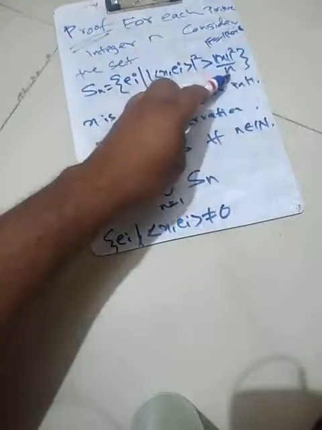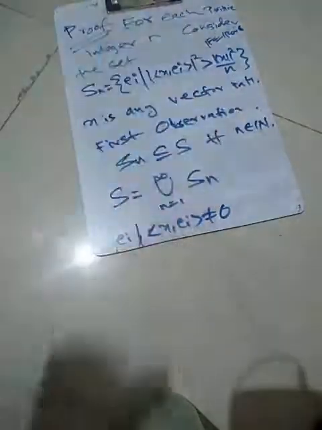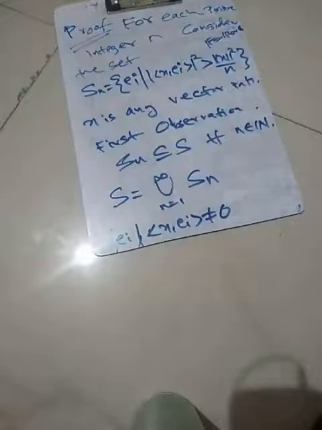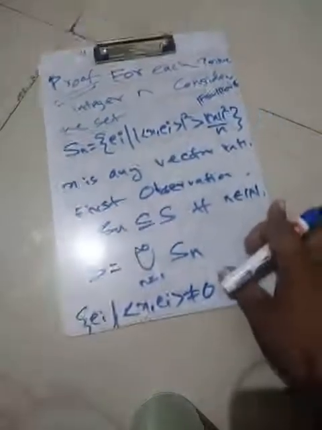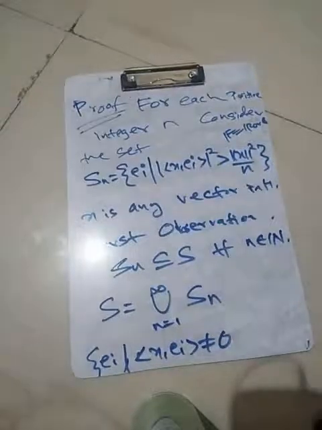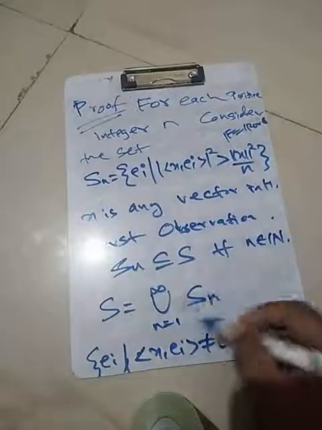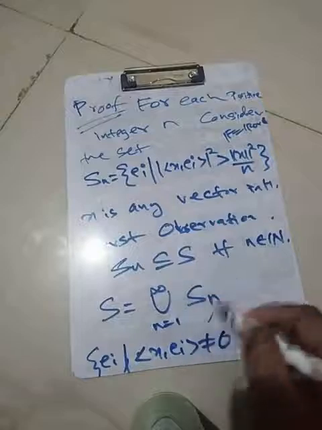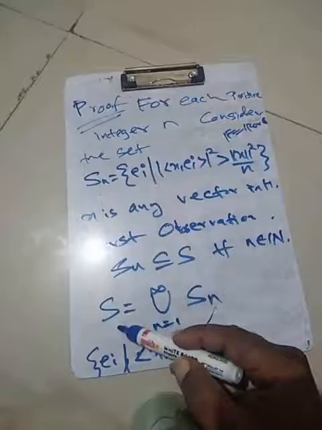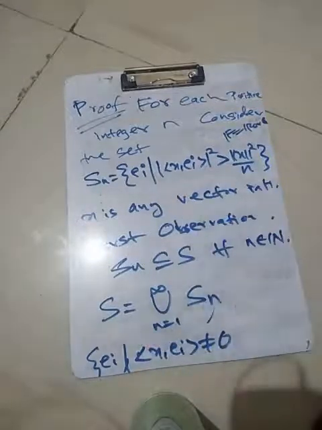As n becomes larger and larger, this value becomes smaller and closer to 0. So S is the union of these S_n. The point is that if we know the size of S_n, we can say something about the size of S. So our claim is the following.